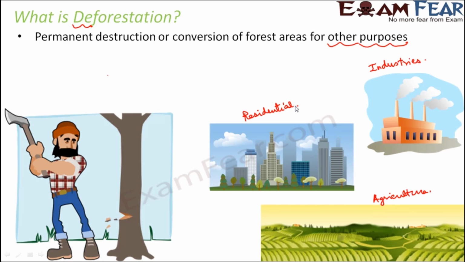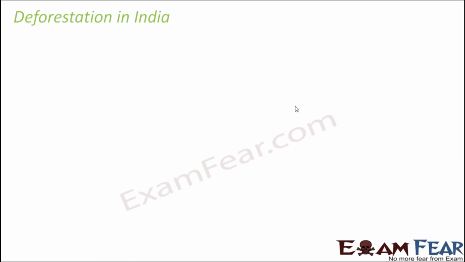People need more food, people need their shelter. So the needs of the people are also increasing. Now to meet the needs of the people, what is happening is the forests are being cut down. Now when the forests are being cut down, we are causing deforestation. And this deforestation in turn has many harmful effects, which are again indirectly harming us.